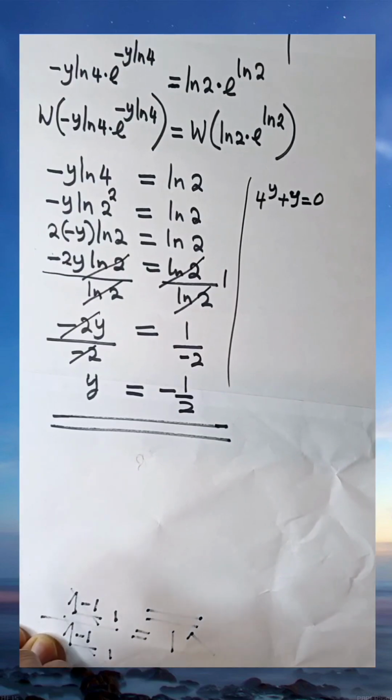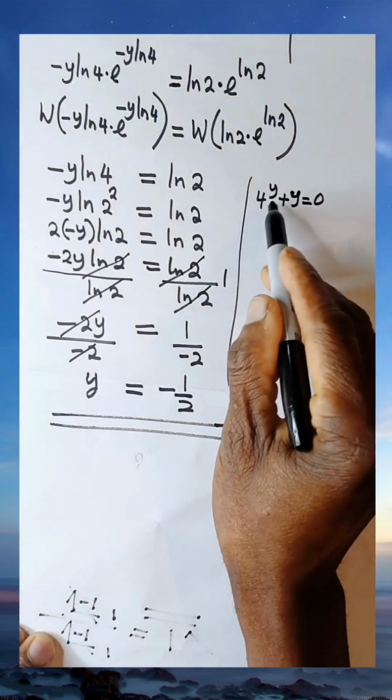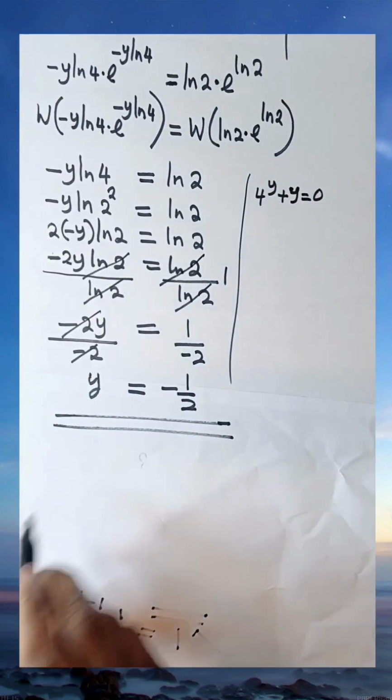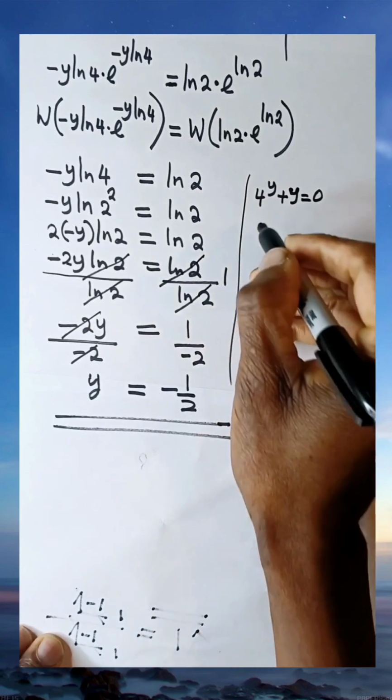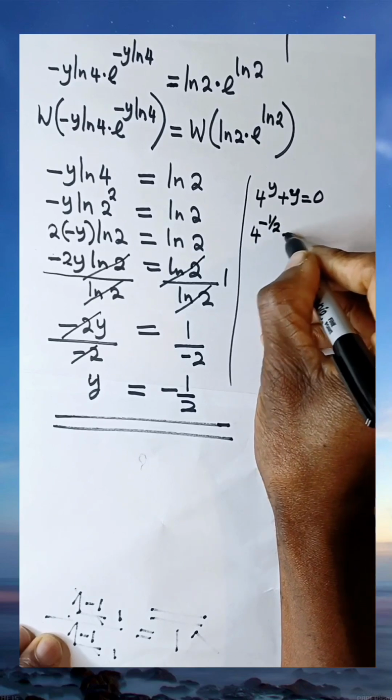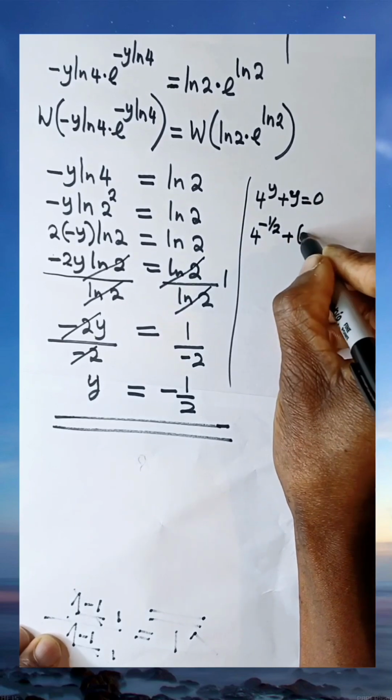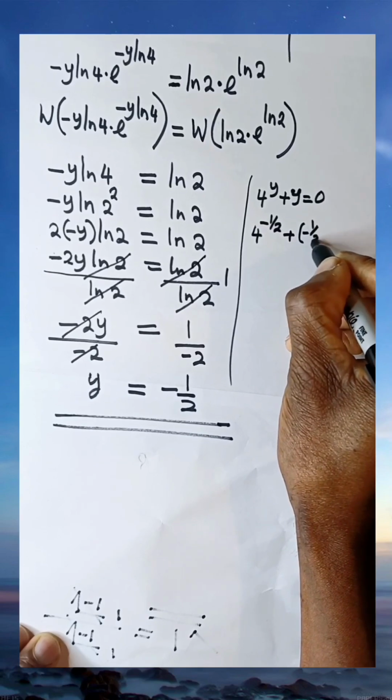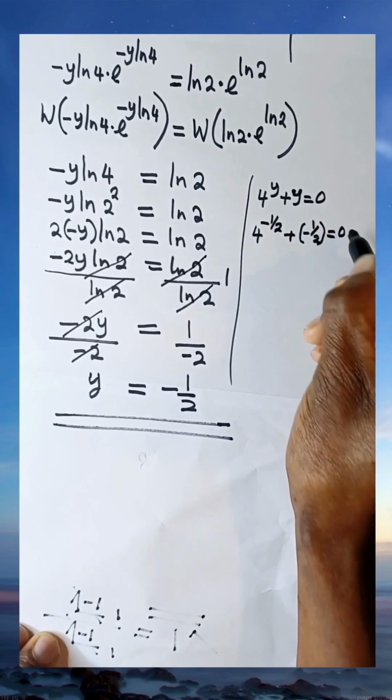Let's check if our answer is correct. We have that 4 raised to the power of y plus y is equal to 0. y is equal to minus 1 over 2. So we have 4 raised to the power of minus 1 over 2 plus minus 1 over 2 is equal to 0.